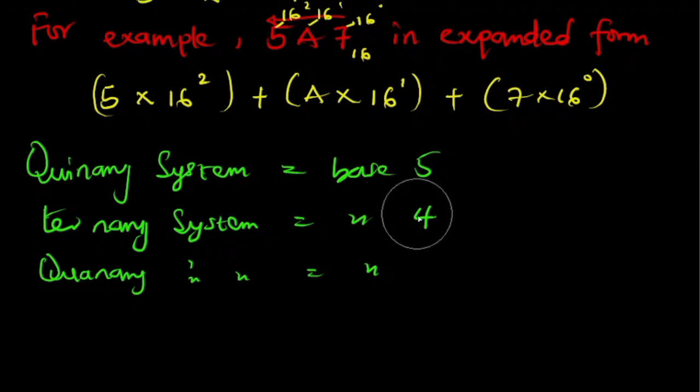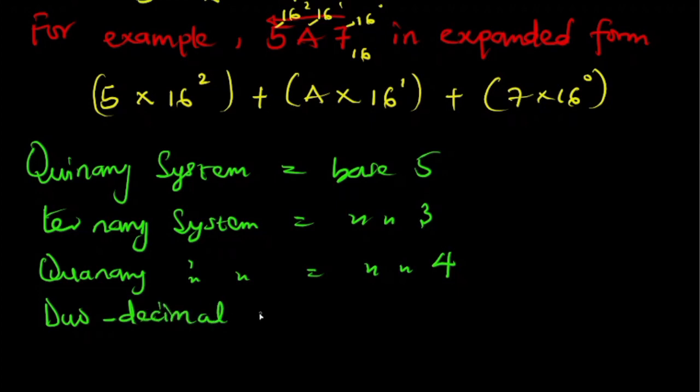Our ternary is actually base 3. Okay, and our quaternary is actually base 4. Exactly. So these are other examples of systems we have. The base 12 system is also important. It's called the duodecimal system. It is base 12.